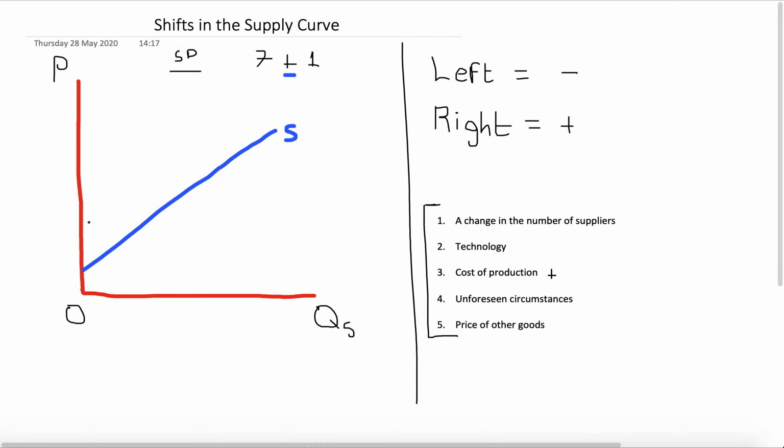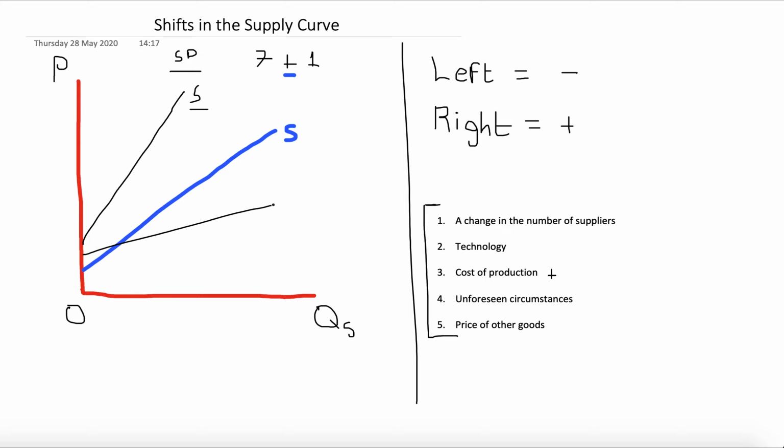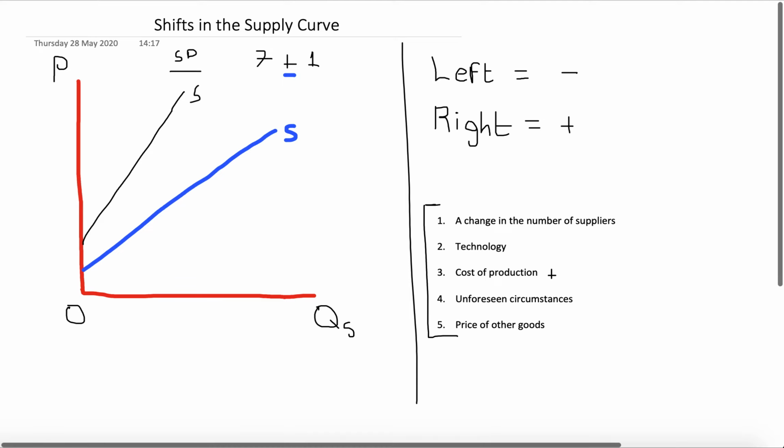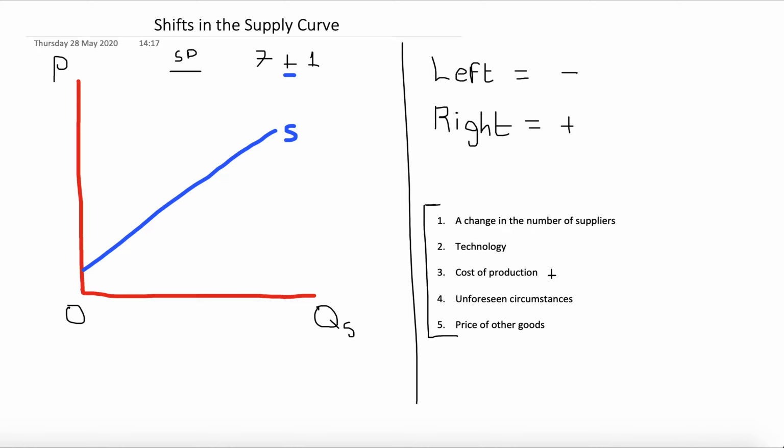But I suppose in the meantime, have a quick think. I suppose I can't get you to think about the question if we don't understand what elasticity is. But this would be more inelastic. This would be more elastic. Okay. I suppose in the meantime you can have a think about the consequences of a more elastic or inelastic supply curve, but for the time being we will move on to the price of other goods.